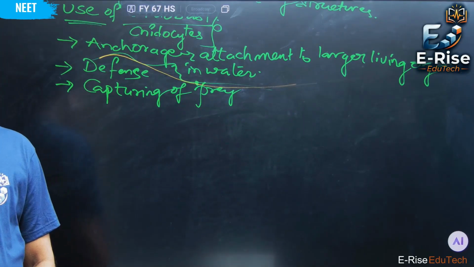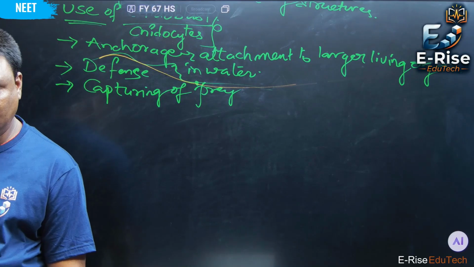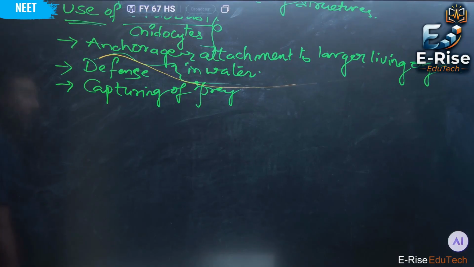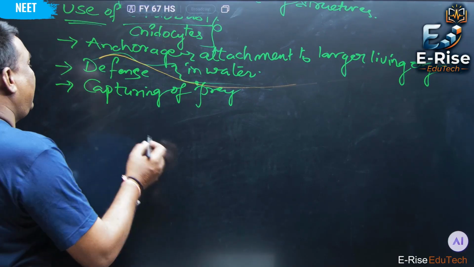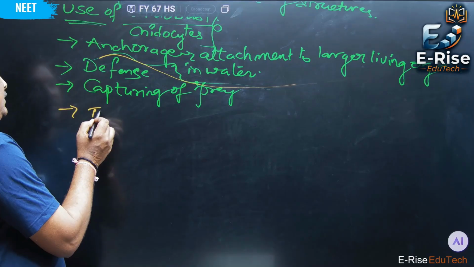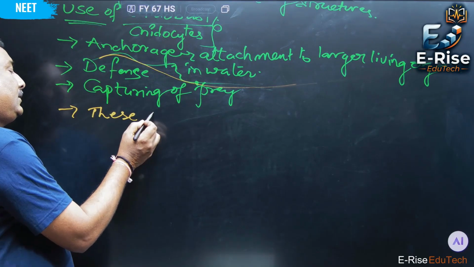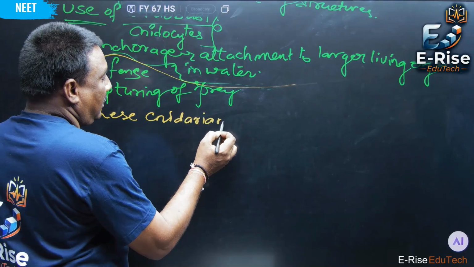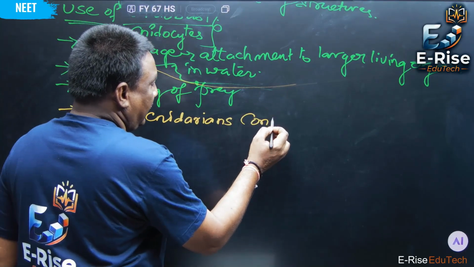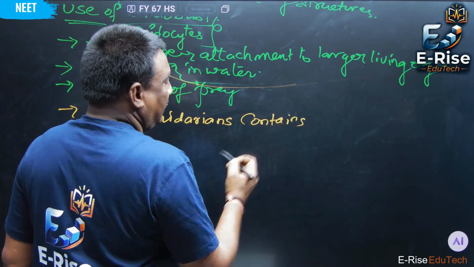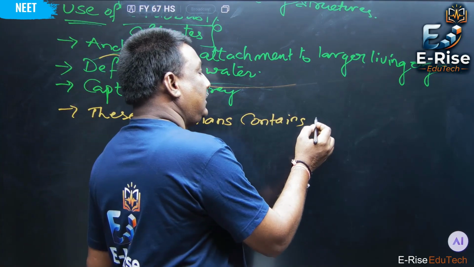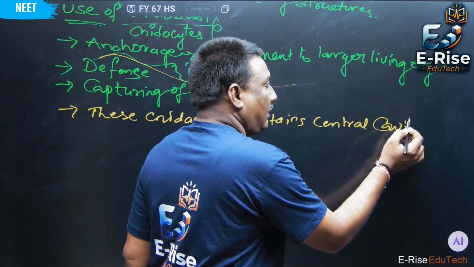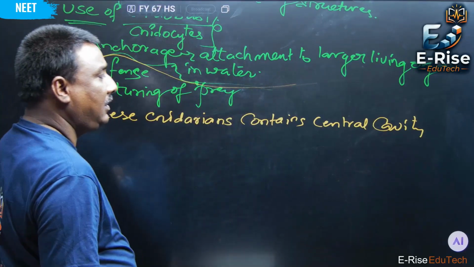Next, these organisms contain a central cavity. Cnidarians contain a central cavity. What is the name of the cavity?